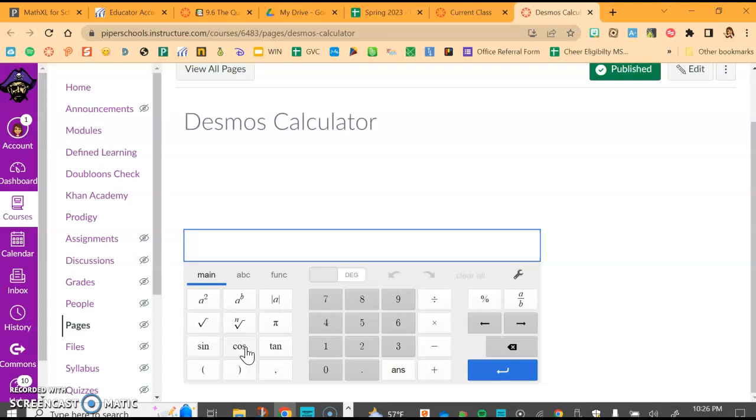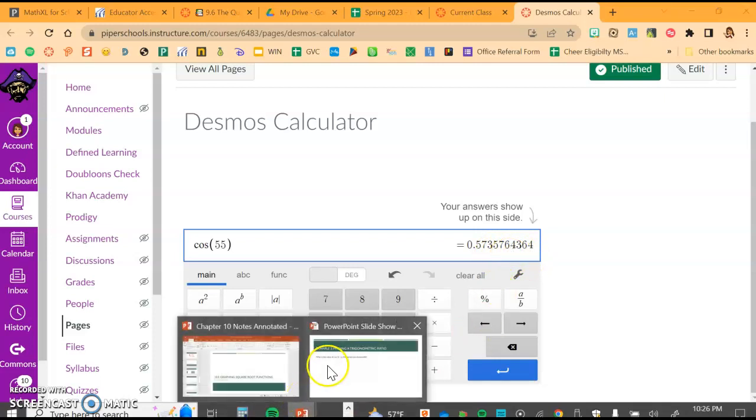And then you just hit cosine 55. That gives us our decimal. Thousandths is 3, so 10,000ths is 4. So we want 4 decimal places. In this case, the 5 is my fourth one. The 7 changes the 5 to a 6.